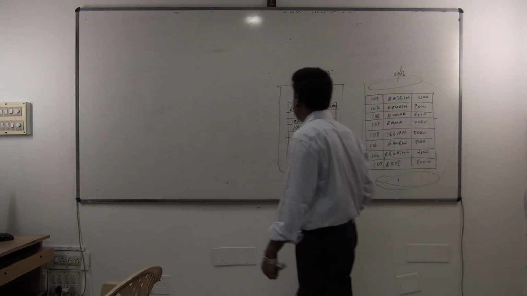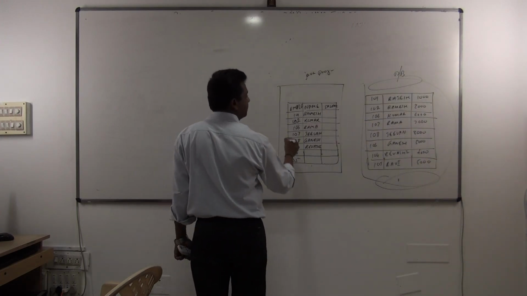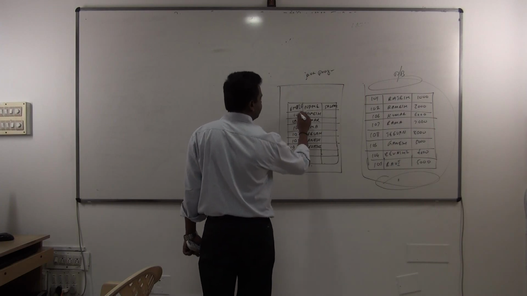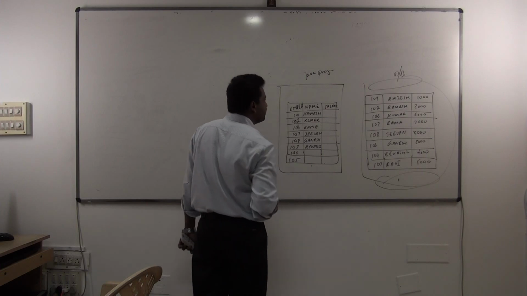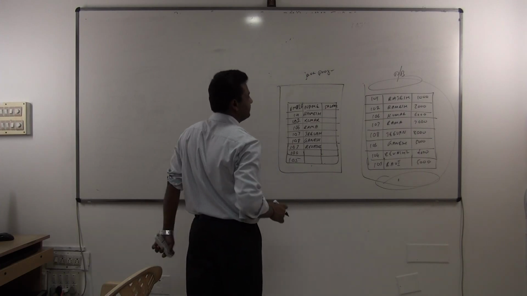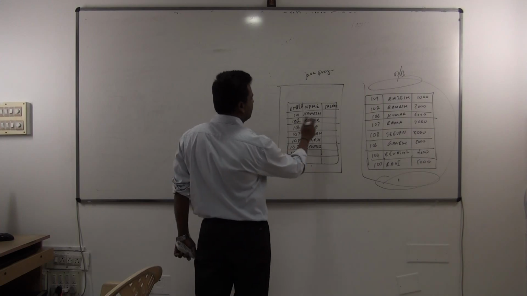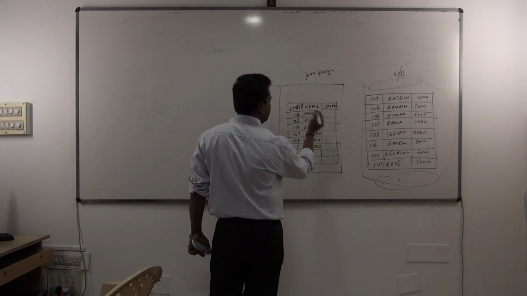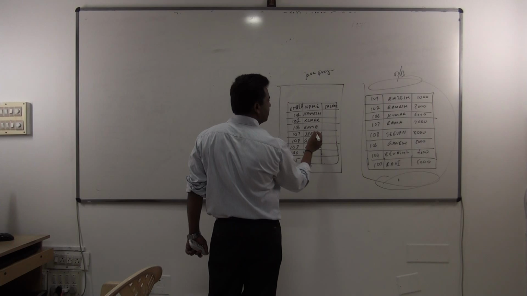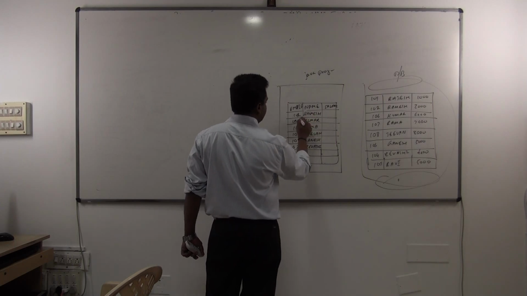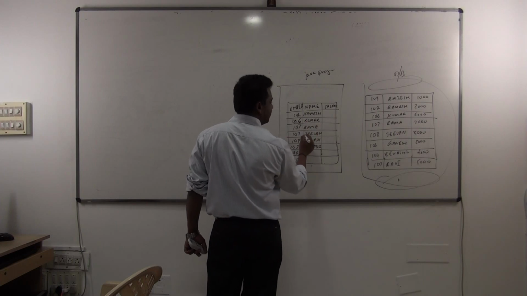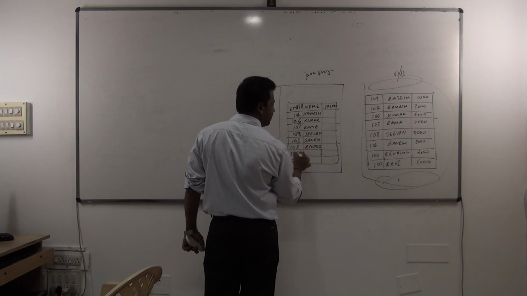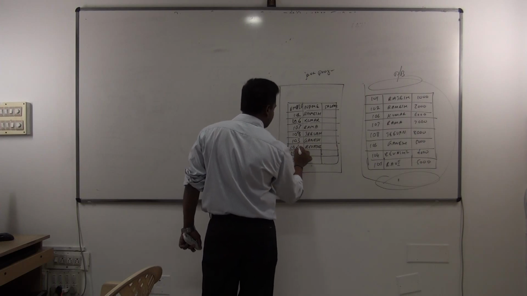I didn't write the first one, Rajesh. I'll do this as 102. Only I have to change the ID. 106, 107, G1 is 108, Ganesh is 103, Revati is 104.